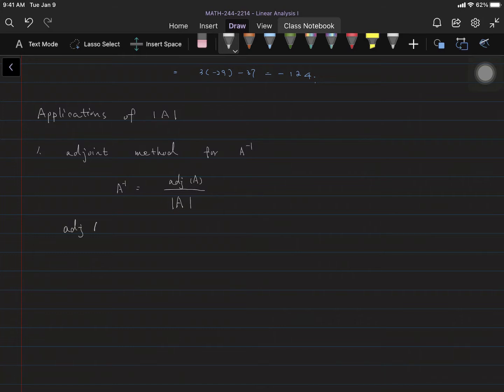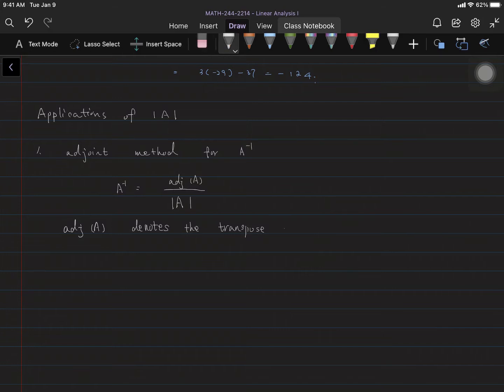So adj A, this is called the adjoint matrix, denotes the transpose. Do you still remember what is transpose? It's like an A^T, right? Something like that. Transpose. Okay.